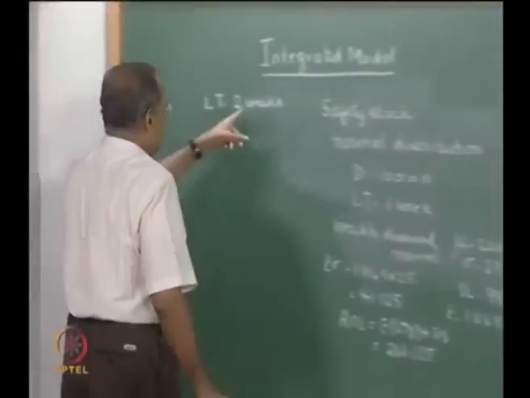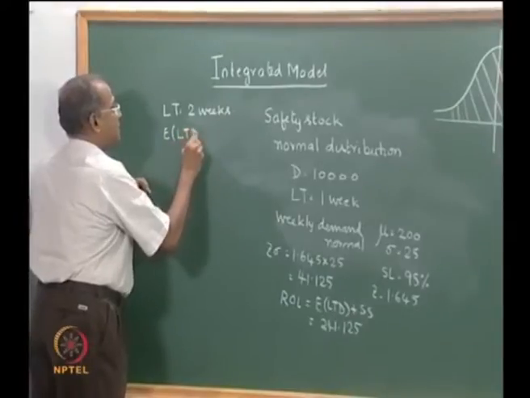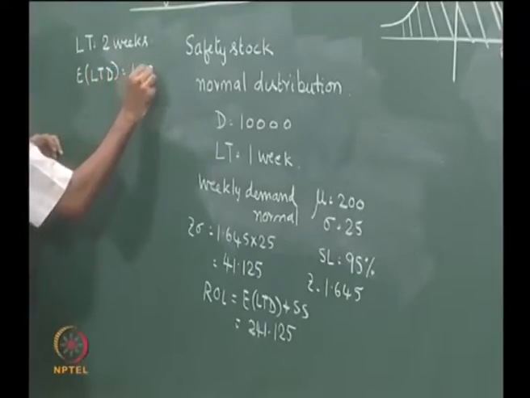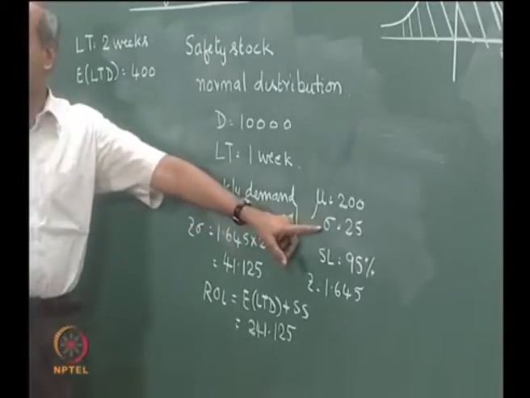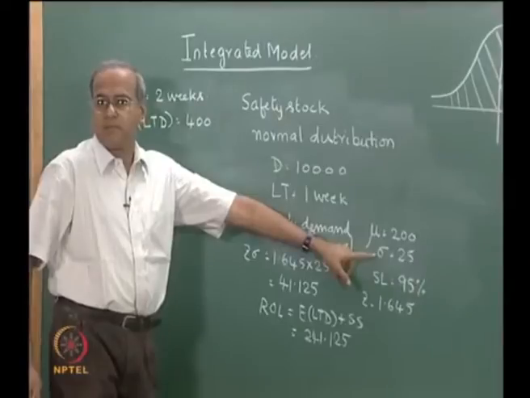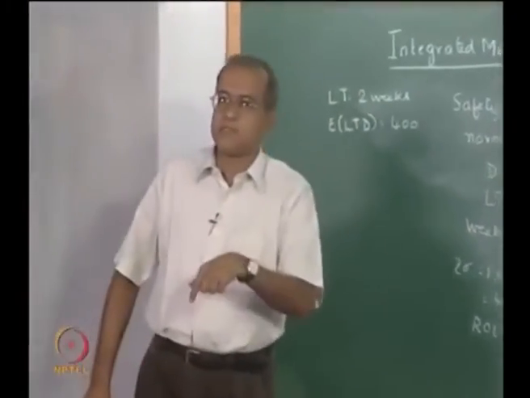Now, when lead time is equal to 2 weeks, the expected value of lead time demand is 400, because weekly demand has an average of 200. Now, we need to calculate the standard deviation of the demand during the lead time. Standard deviations are not additive, but variances are additive.